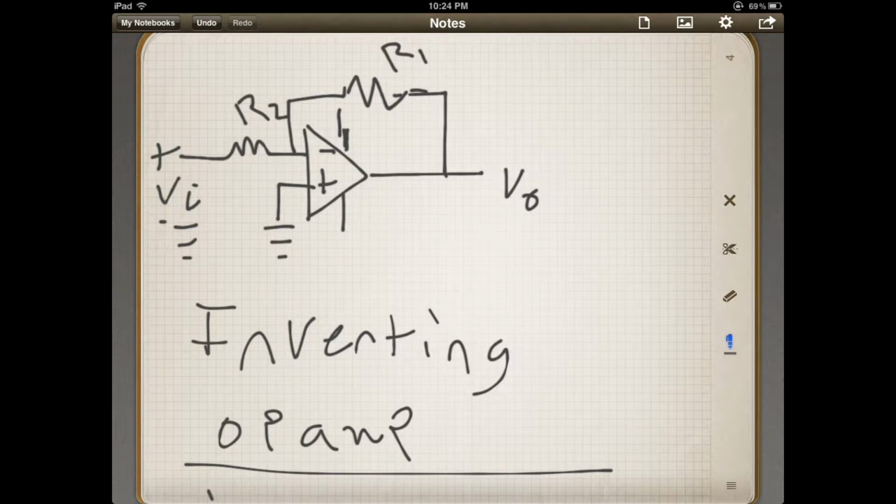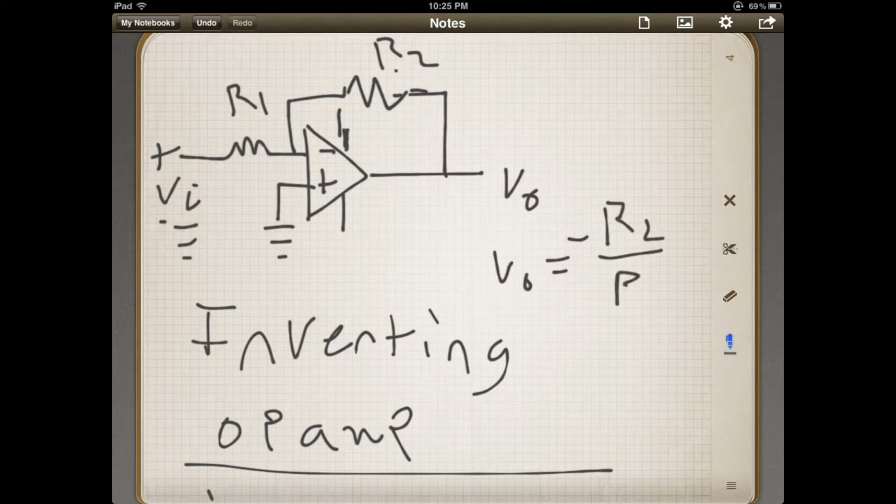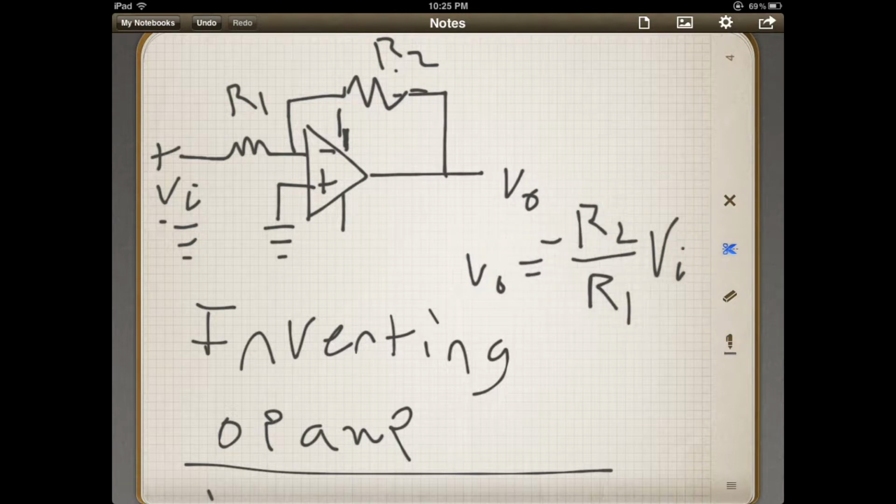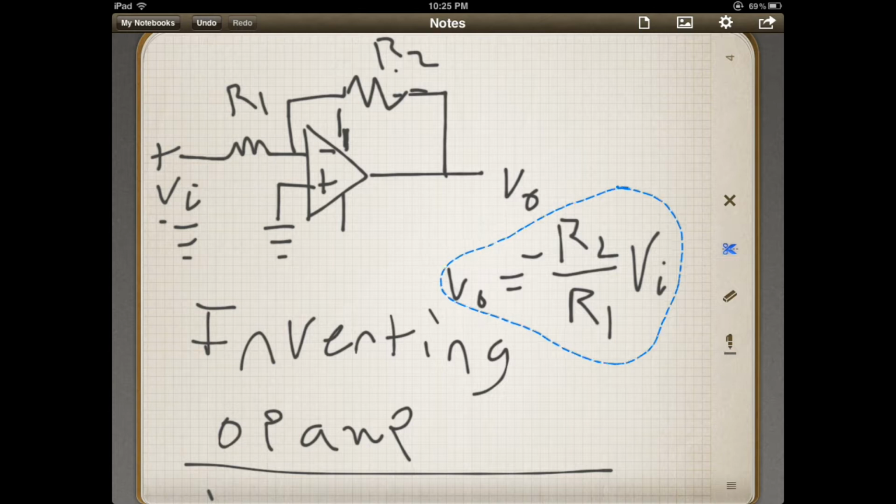Or wait, I think I just did that backwards. Pretend I didn't do that. R1 and R2. And our equation for the output is negative R2 over R1 times the input. I am going to move that around. There's our equation.